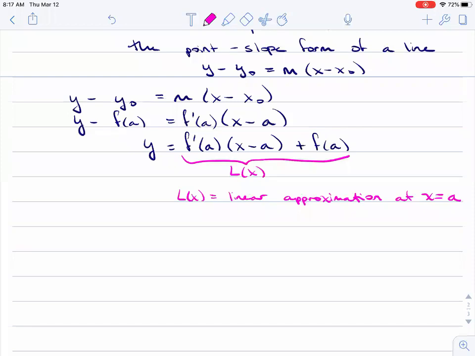So that's going to be that line, but then what we said is we can move out for small increments around a, and we can still use this linear approximation to evaluate f of x.